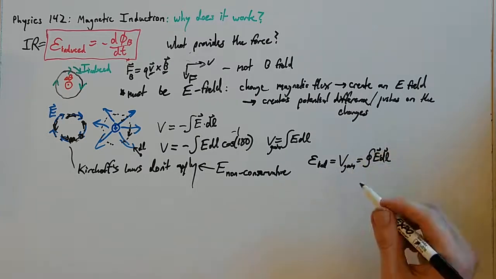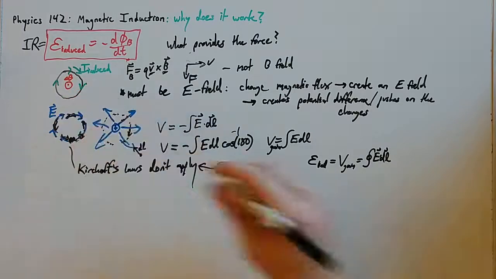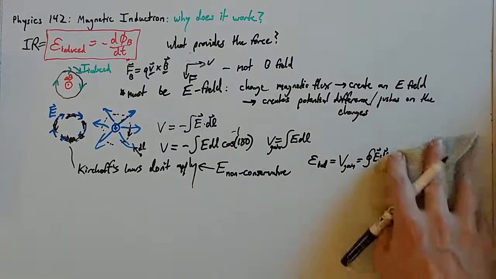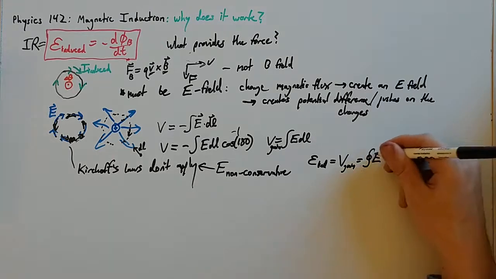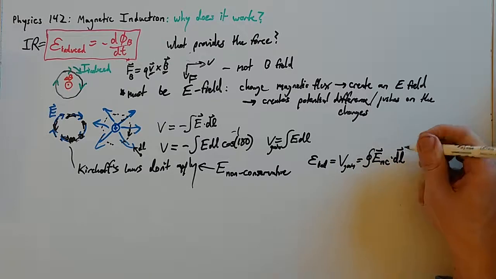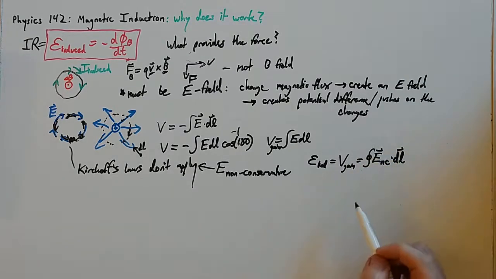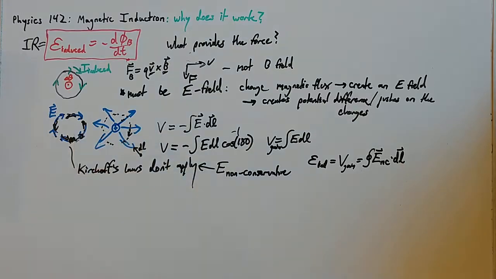We go in a circle, but it's only the part that's in the circle. So rather than E dl, I should write this as the non-conservative electric field dotted with dl. That's how much potential we gain when we walk around this loop, because when we get back to where we started, we're going to be at a different height.